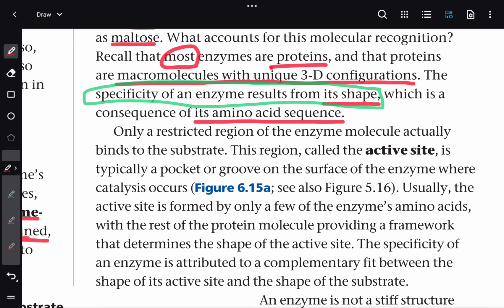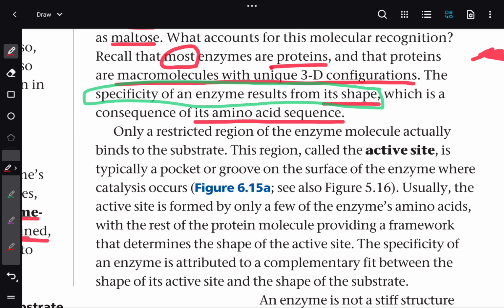The amino acid sequence determines the unique 3D shape of a protein, and as an enzyme, that's what provides the unique ability to recognize its specific molecular substrates.